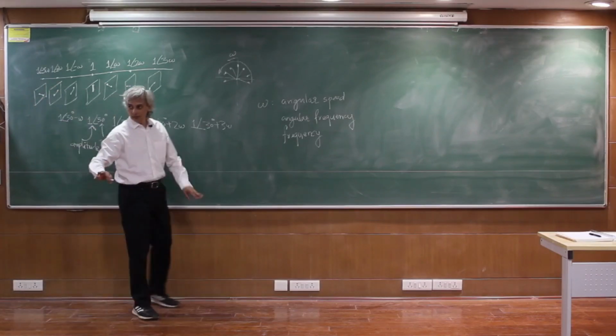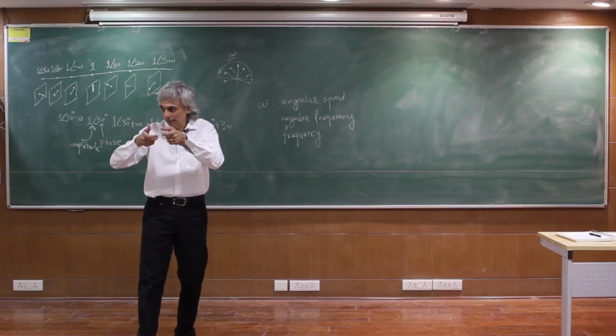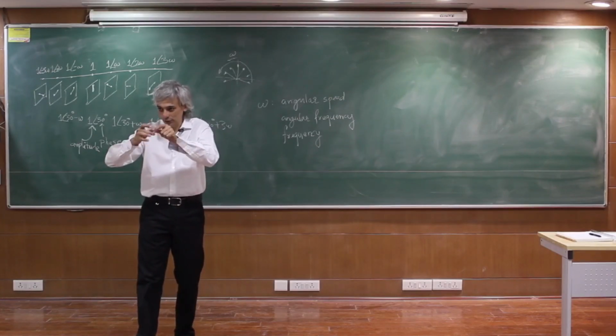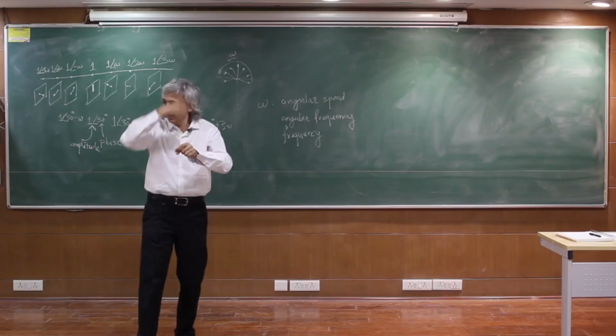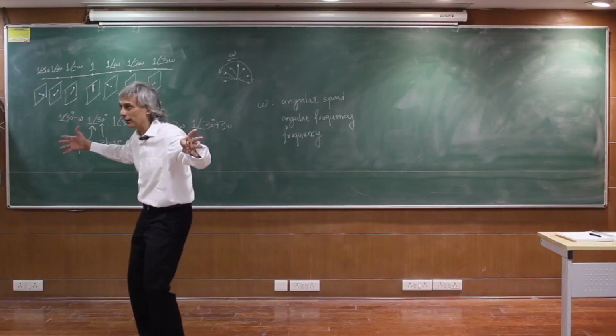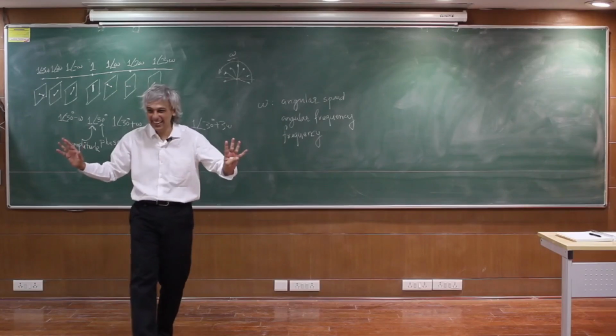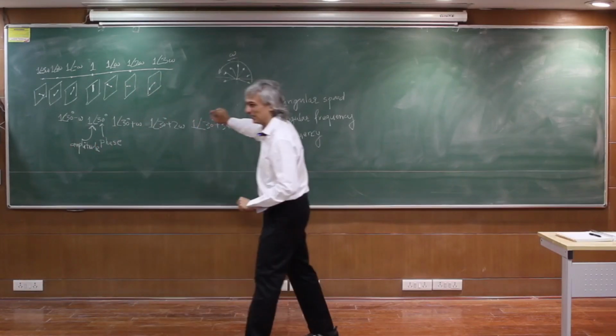Phase just decides your initial angle, your starting angle, which could be anything. And omega is the speed at which you are rotating. Where did you start and how fast are you rotating are two different things. Both of them are parameters of the spiral.